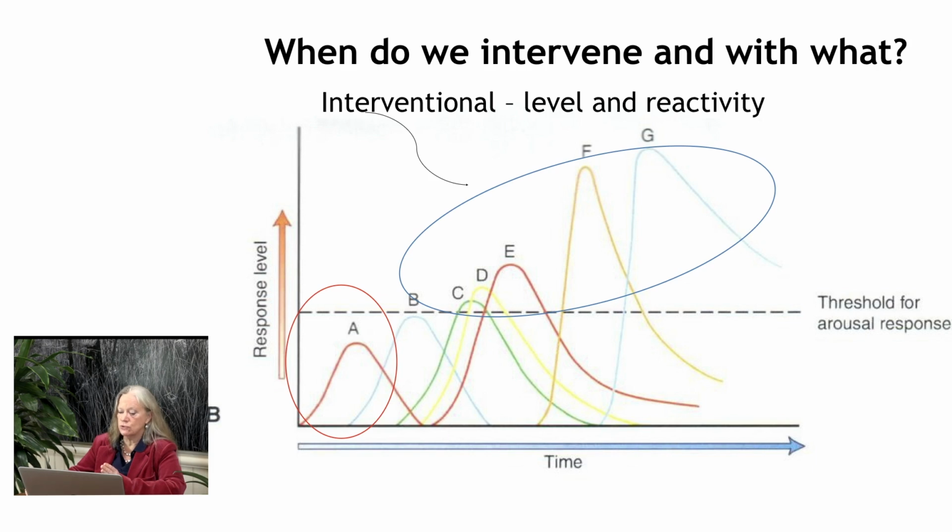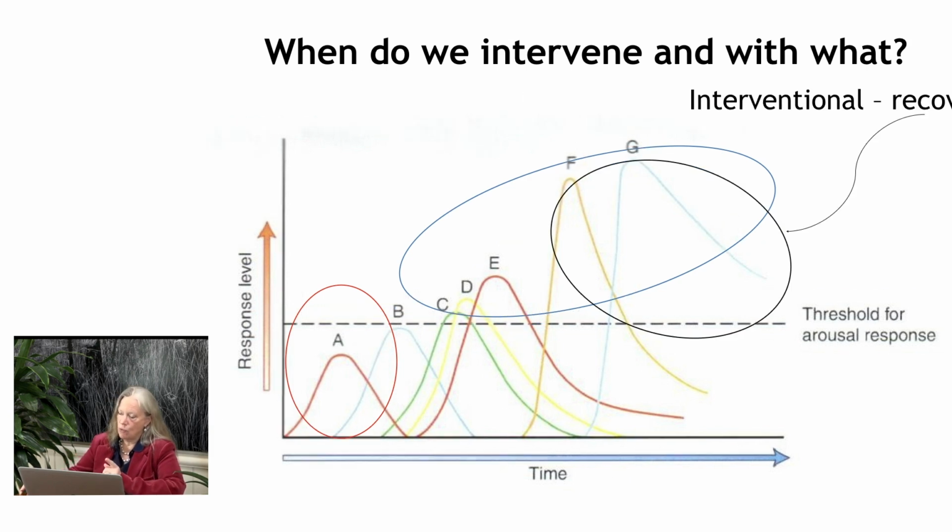So what you want to do to prevent things is intervene as early as possible, certainly no later than halfway through that B curve. And then you're going to go through these other curves. And that's when you're going to be in the interventional level. Now, there's a third thing that nobody thinks about with respect to medication, because people say, oh, well, it doesn't happen very often, I don't have to prevent it, and I'll just wait them out.